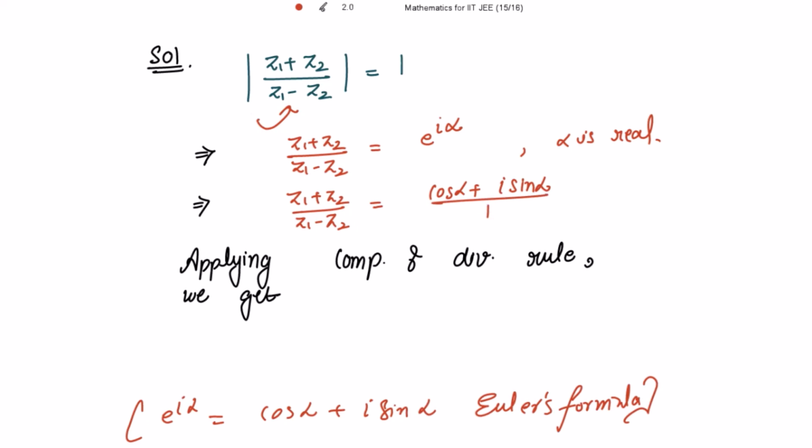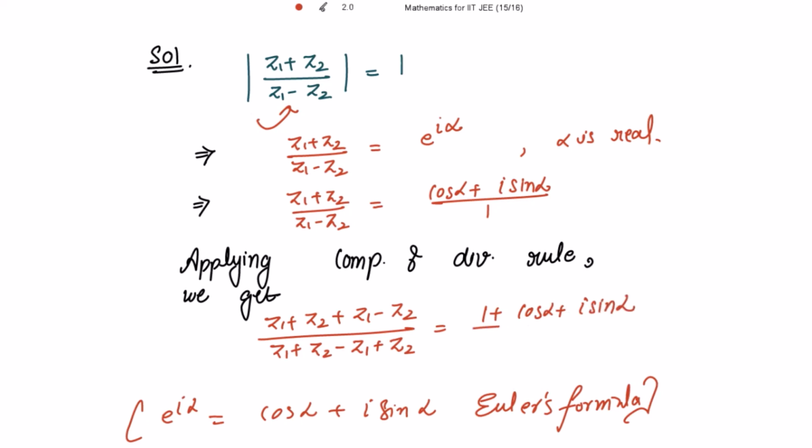Now I need to apply the componendo and dividendo rule over here. That is adding the numerator and denominator, divided by subtracting the denominator from the numerator. Similarly, on the right hand side, adding the numerator and the denominator, and then subtracting the denominator from the numerator. So I can write this as negative 1 plus cos of alpha plus iota sine of alpha, that is one and the same thing.